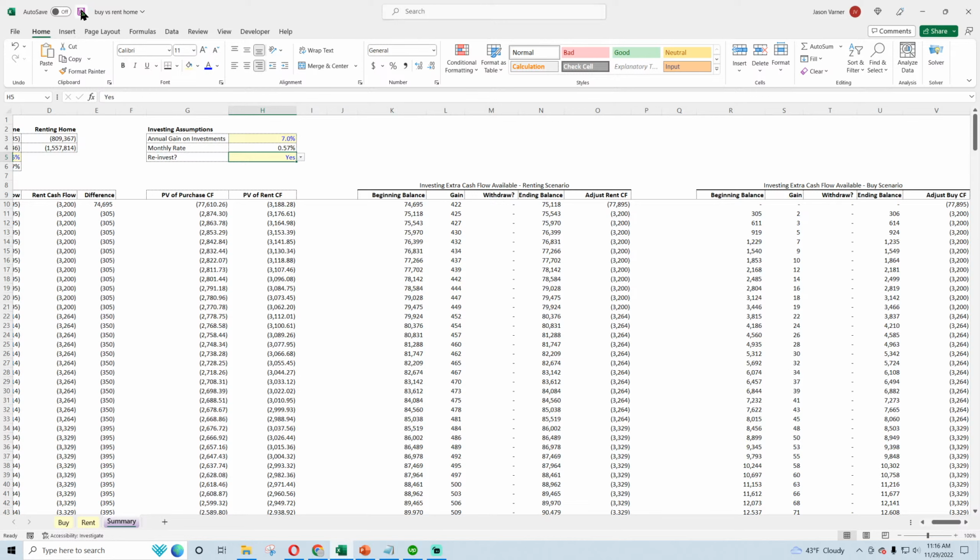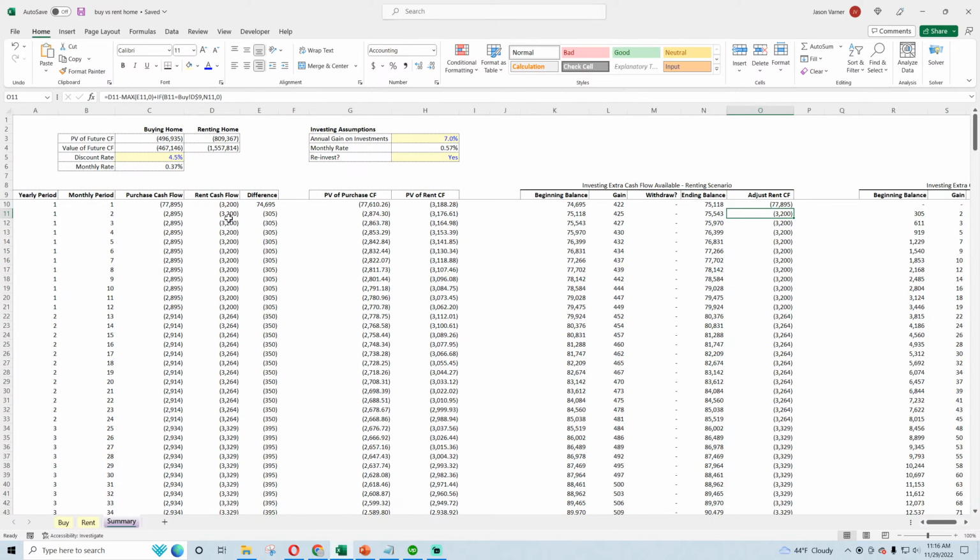Okay, so now the first period, yes, you have some investment to work with, so you're getting money here if you were renting, but you're losing here, so your adjusted cash flow is actually going to be less, and we're not investing any more gains at this point. It's only reinvesting the initial, essentially you're getting this initial purchase amount or down payment, you can invest it. That's all this is saying.